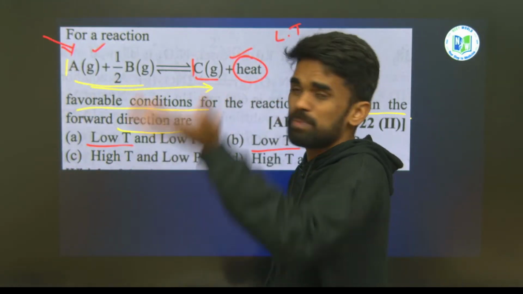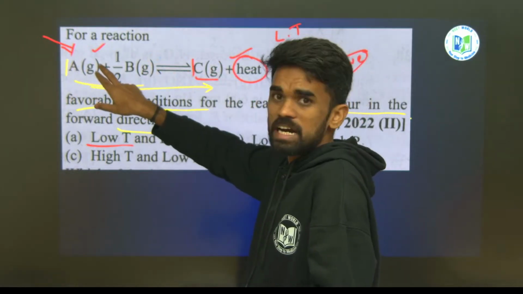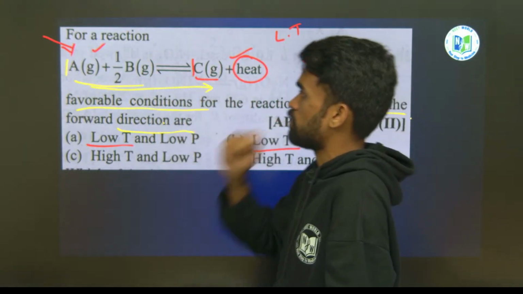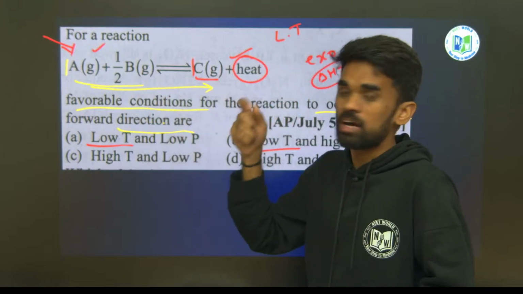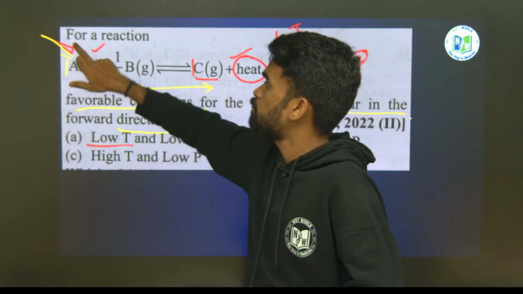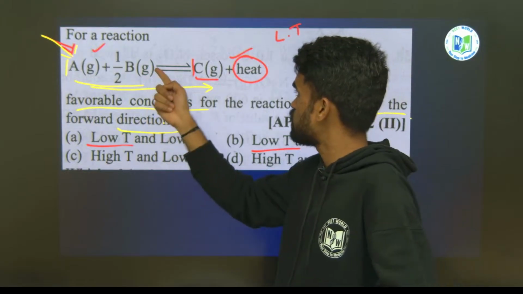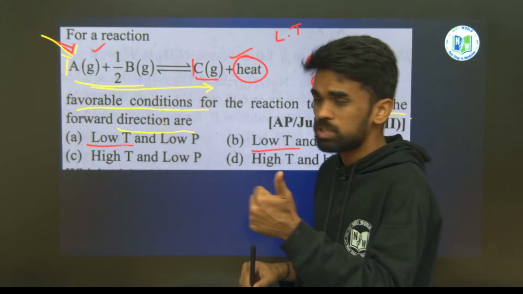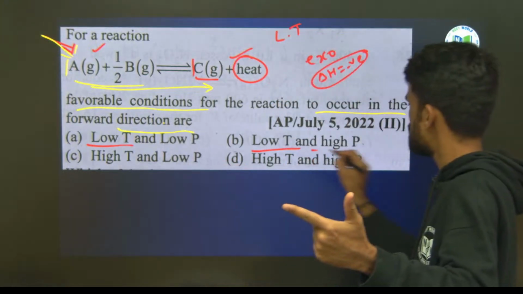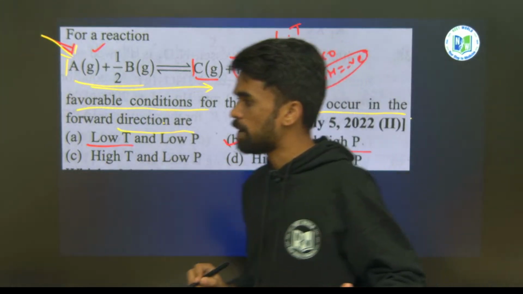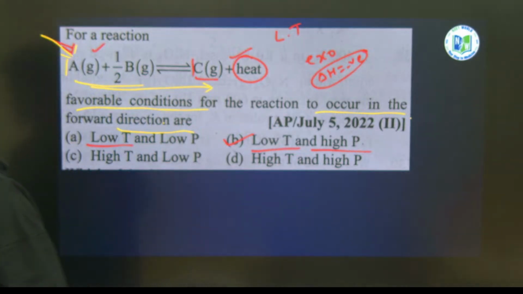If we increase the pressure, the effect will be more on the reactant side, therefore equilibrium favors forward. So to make the reaction go forward, you need to maintain high pressure. Then equilibrium shifts forward. So low temperature and high pressure favor the forward reaction. So option B will be the perfect answer for this question, right? Yes.